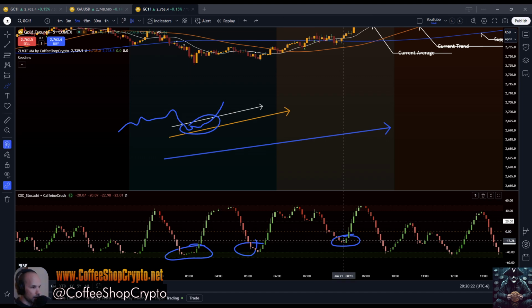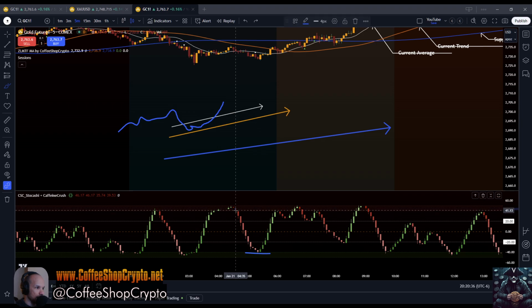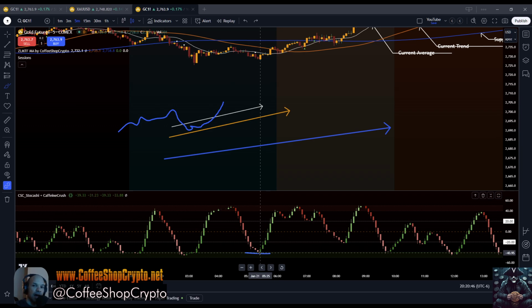So the other thing is, here's a very important part of the strategy. You cannot take this move going up unless the Stochastic has made a move down through the midline. It has to swing all the way down through the midline, which means if you have a low, then it came from a high.